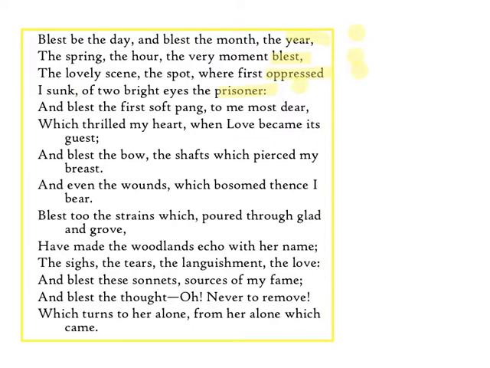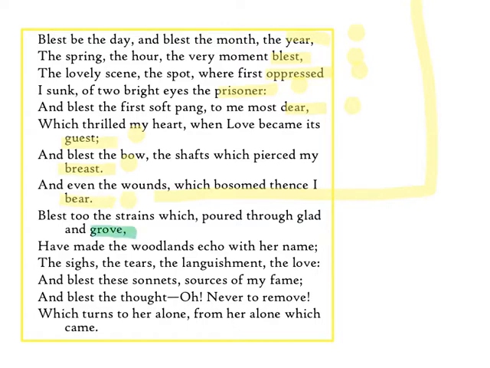And then we have here again the deer, guest, breast, bear. So it's that same rhyme up top, the A, B, B, A. Okay, so this right here would be the octave, the first 8 lines. And then the last part would be the sestet. Let me change colors here.